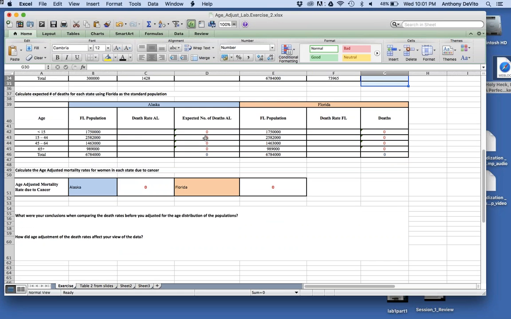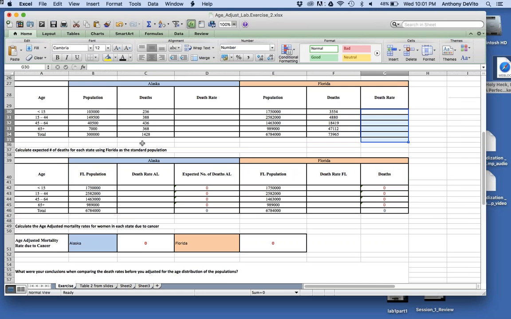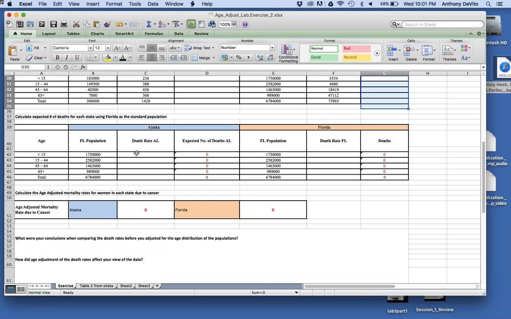And once you have that, you can say, let's apply this to a single population rather than two populations. Perhaps there's a difference in the distribution. You can copy down your age-specific death rates for Florida and for Alaska, calculate the number of deaths you would expect, and then calculate your age-adjusted mortality rates.